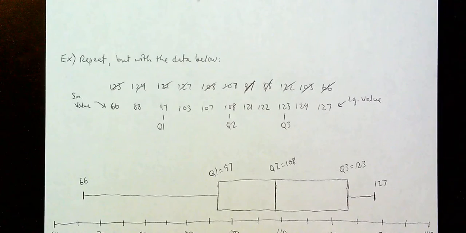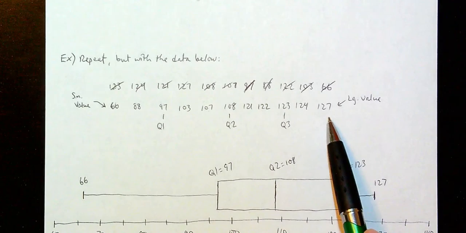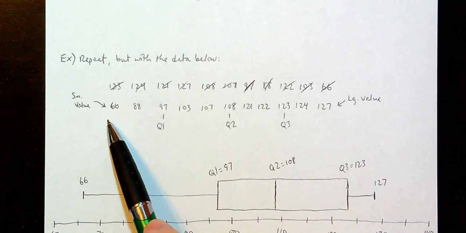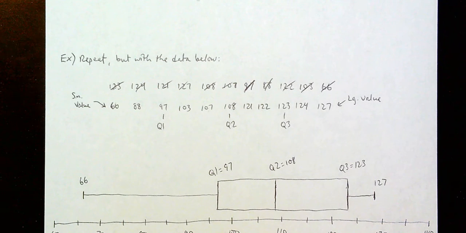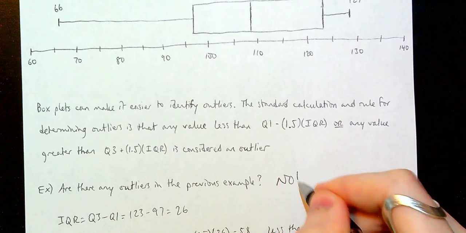But looking at our data set here, we don't have any values greater than 162, and we don't have any values less than 58. So using this rule and this calculation, we don't have any outliers from the previous sample.